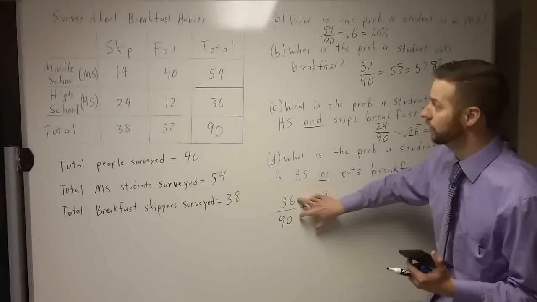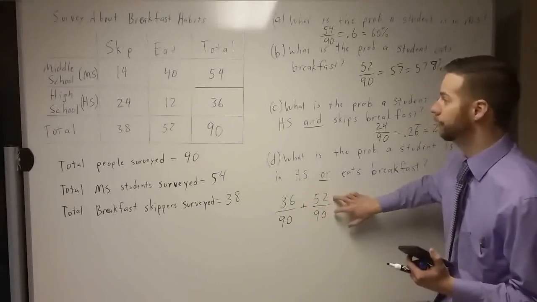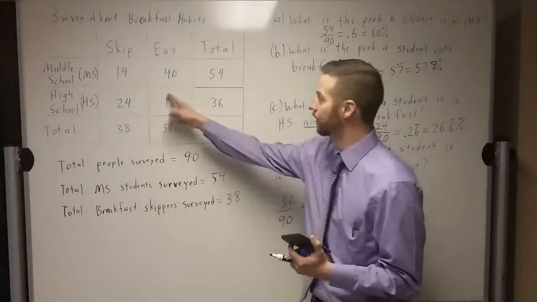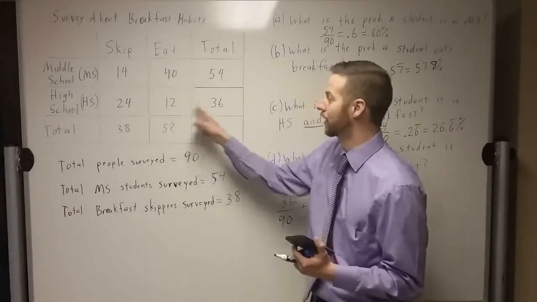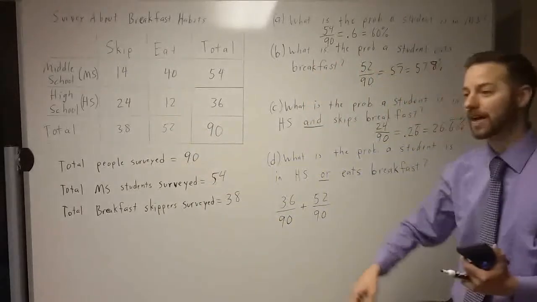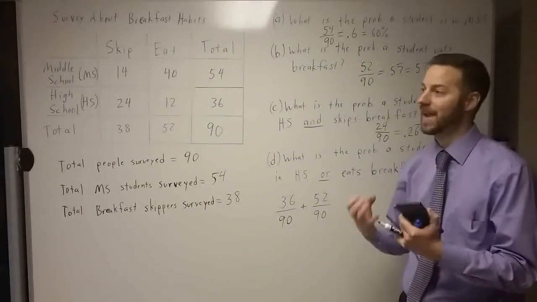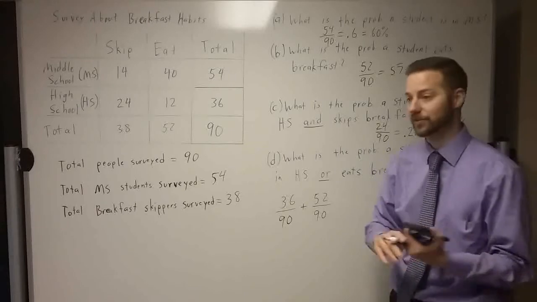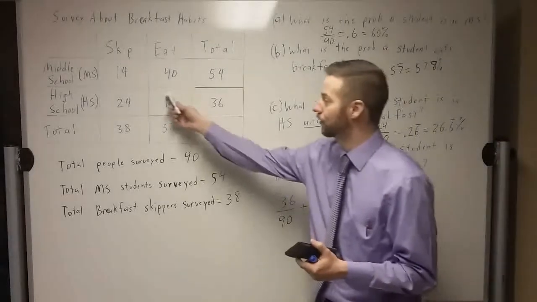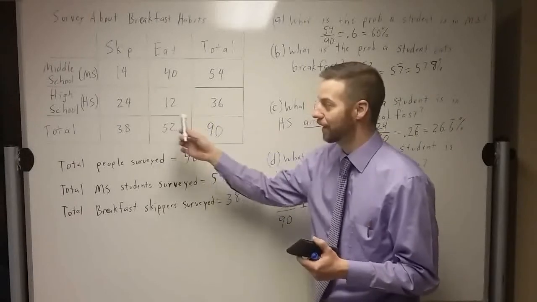There's 36 students who are in high school. There's 52 students who eat breakfast. The group of students who are in high school and eat breakfast are counted in this 36 and in that 52, which means they all got counted 2 times. We can't count the same student twice.